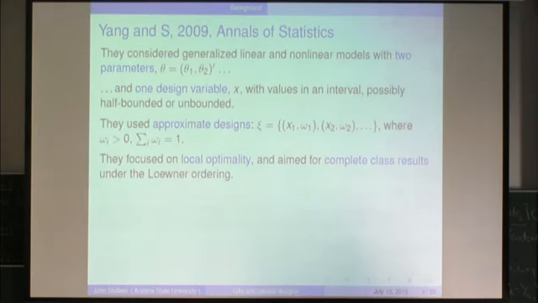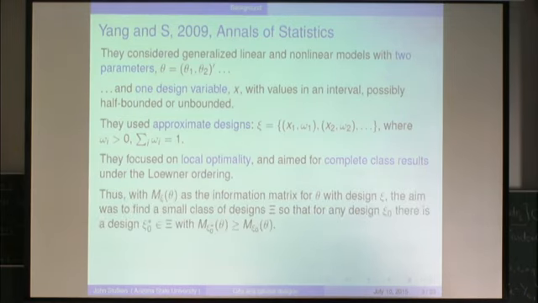What that means is that if you give me an arbitrary design, let's say xi, and I compute the information matrix under xi for theta, then I want to have a small class of designs, and I want to be able to search in that small class and find a design there that's better under the Loewner ordering, in terms of the information matrix, than the design that you gave me.